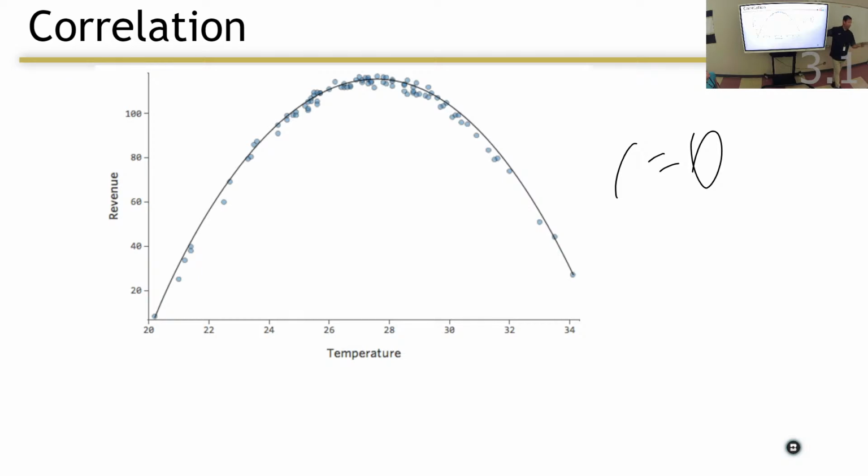No, there's no linear correlation. Just because you see a zero doesn't mean there's no correlation. There's not any linear correlation. Just because you see R as 0.99 doesn't mean that there's a strong linear correlation. It doesn't mean it's a line.